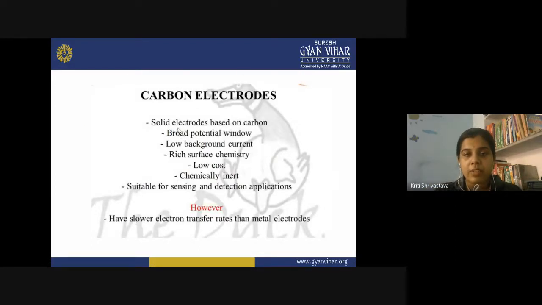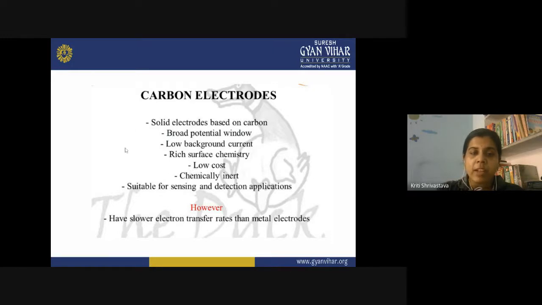We can have a solid electrode based on carbon. They have a broad potential window and low background current because they are a poor conductor of electricity. Then they have rich surface chemistry. They can provide an extensive surface for the electron transfer reaction to occur. Additionally, they are low cost and chemically very inert.